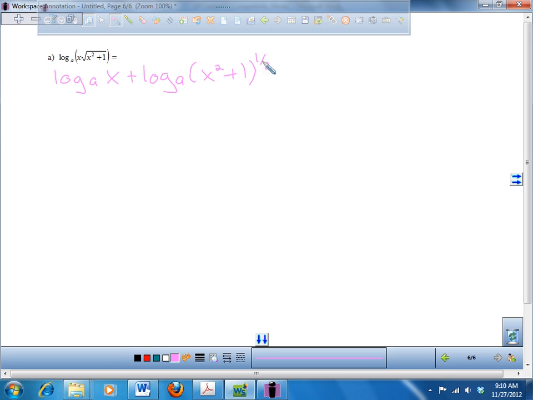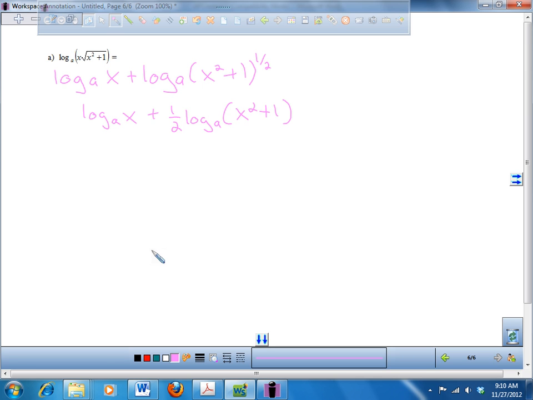I need to do the 1/2 because then what I could do with that 1/2, a lot of times I'll say rewrite without any exponents. And so then you could rewrite this as log base a of x plus, and I could roll that exponent in front, 1/2 log base a of x squared plus 1. Like that. And that's what they want you to do for that.